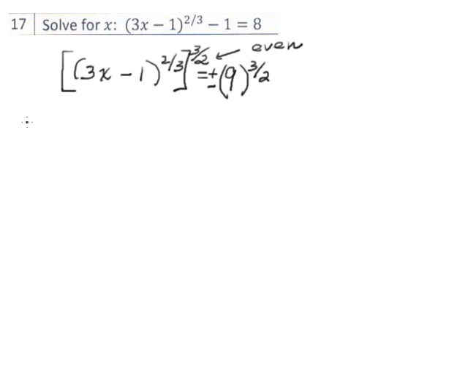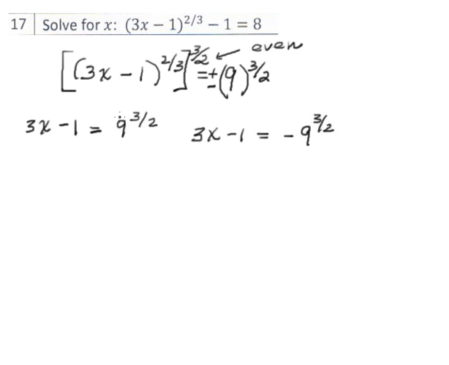We have 3x minus 1, the product of these exponents is 1. So that leaves us with 3x minus 1 on the left equal to 9 to the 3/2. That's one equation. And we have 3x minus 1 equal to minus 9 to the 3/2.